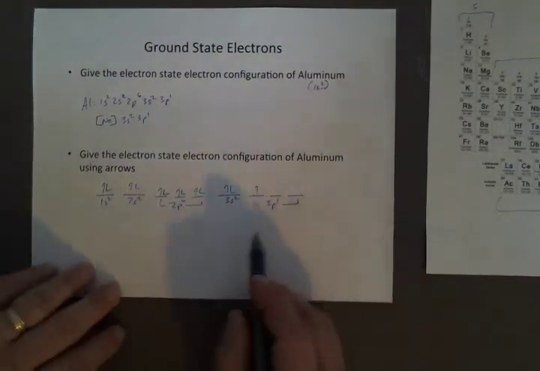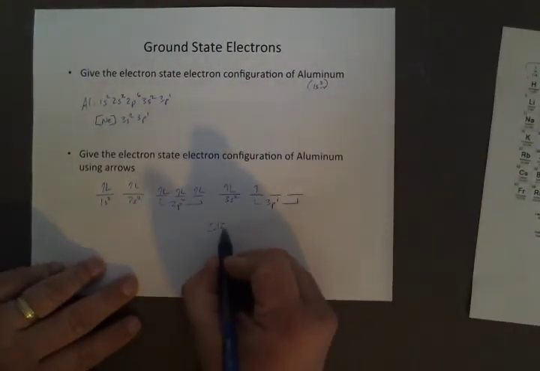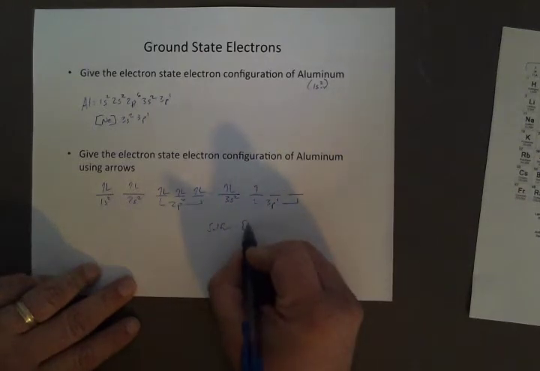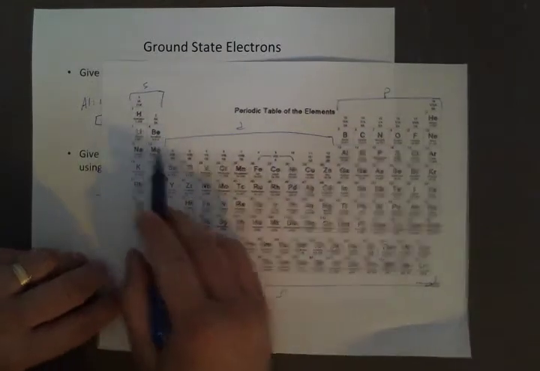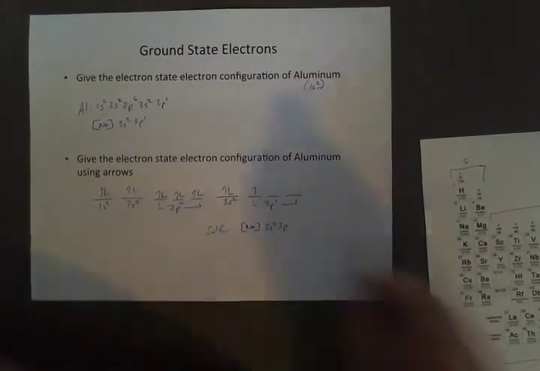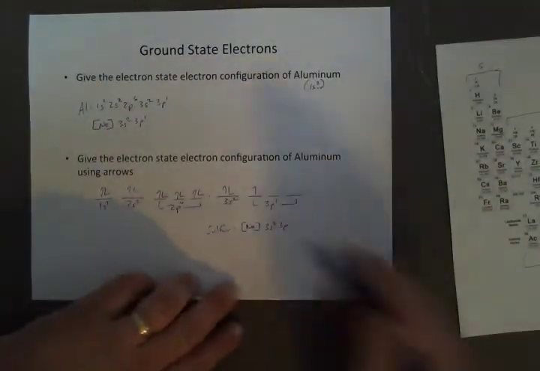So let's say we went over a little bit farther for something like sulfur. If we did sulfur, it would be neon, but the valence electrons, which is the important part, would be 3s2, 3p. Count over 1, 2, 3, 4, so 3p4.